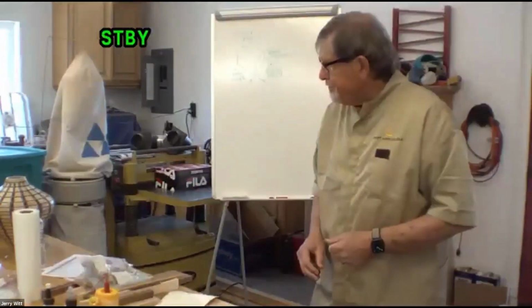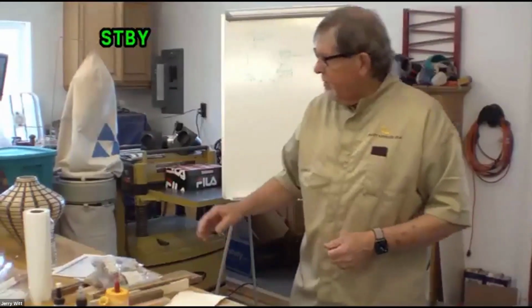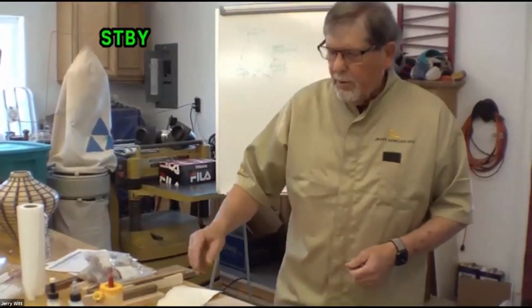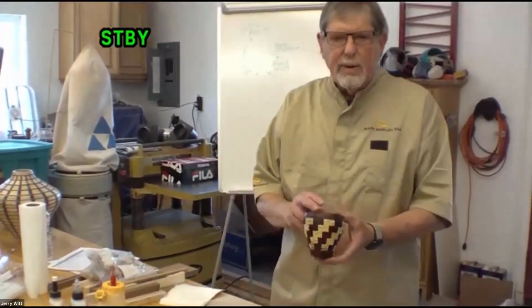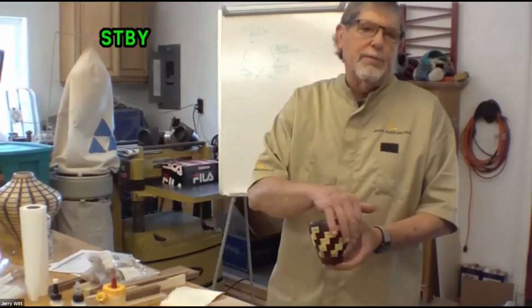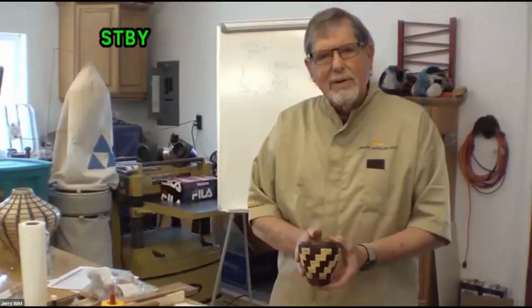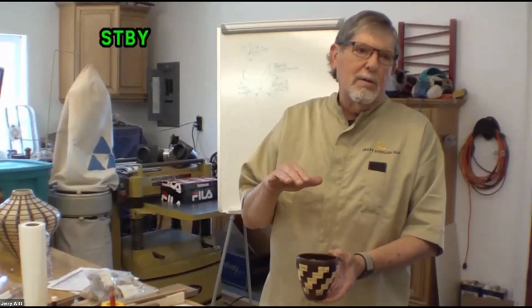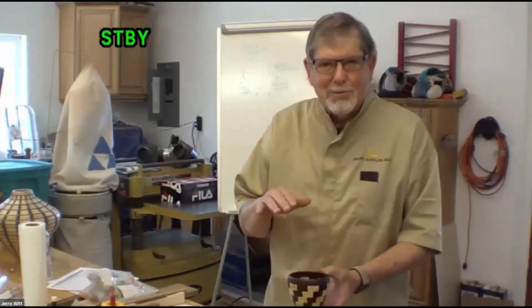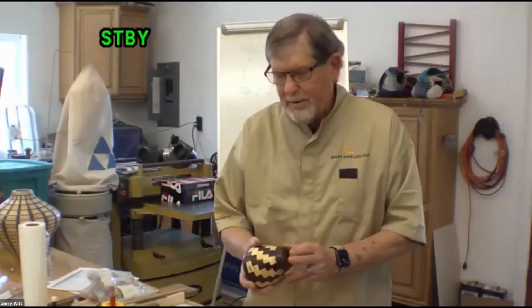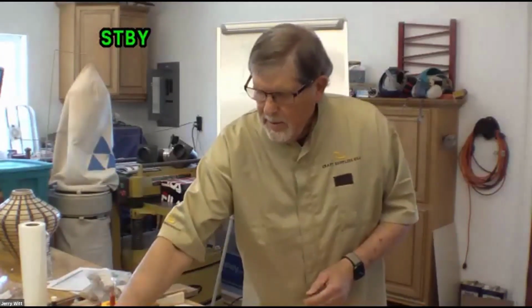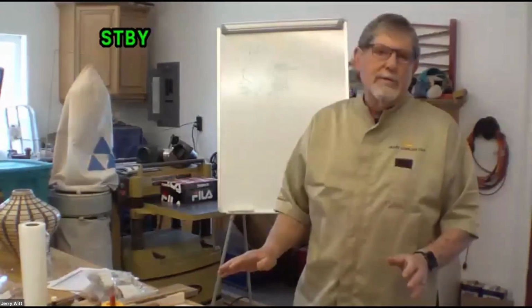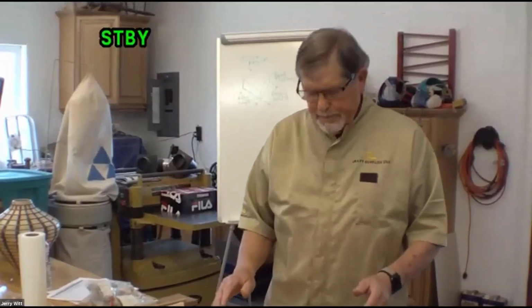Now again, if you're doing a closed segment piece, and I've done some with 48 segments and 35 segments tall, you end up with a lot of rings. And it's a lot of gluing. But I glue up all my rings ahead of time.